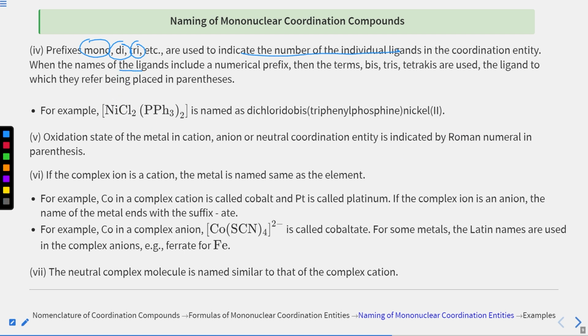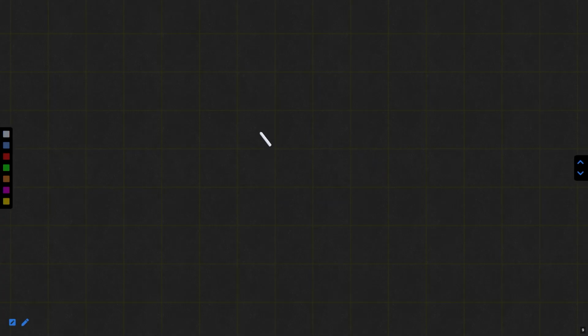And when the name of the ligand includes a numerical prefix, then we use the terms bis, tris, tetrakis. This is the most important thing. Suppose hexamethylenediamine is a ligand. This already consists of hexa.